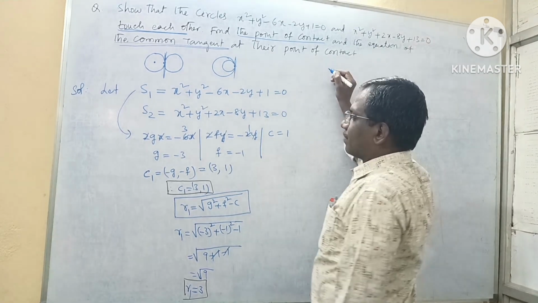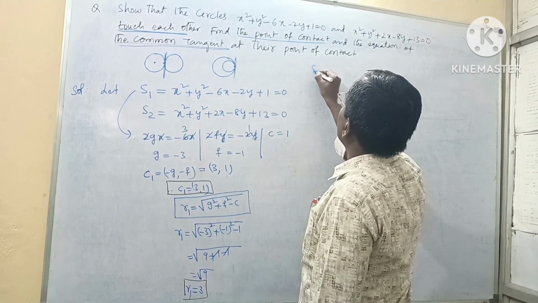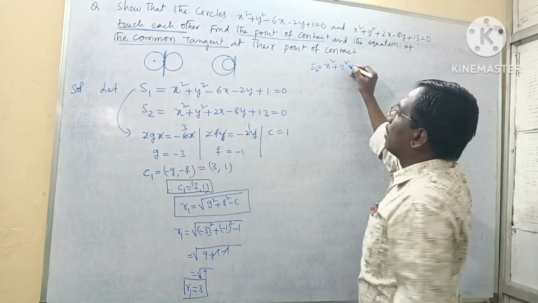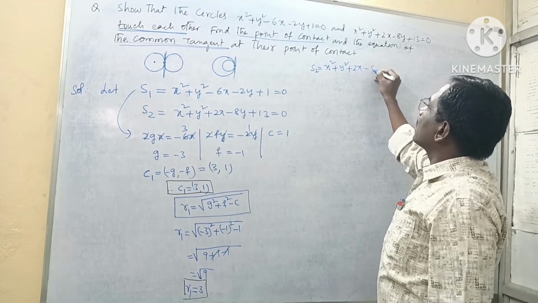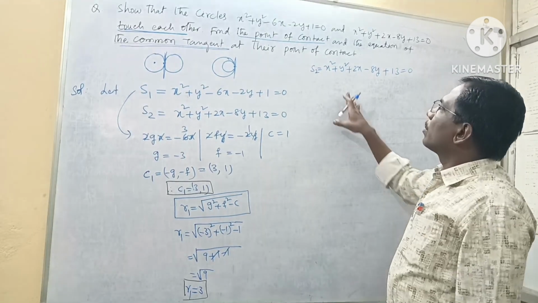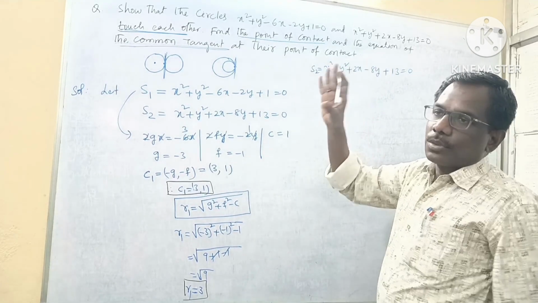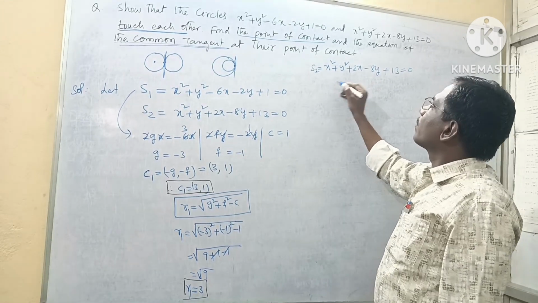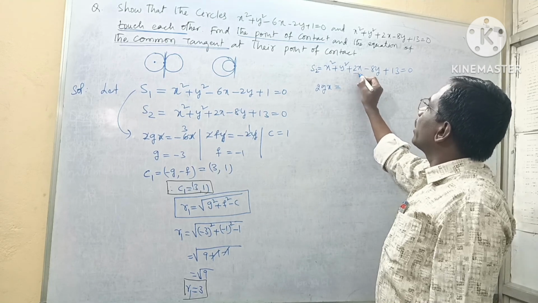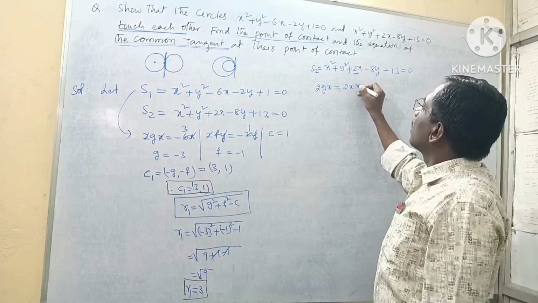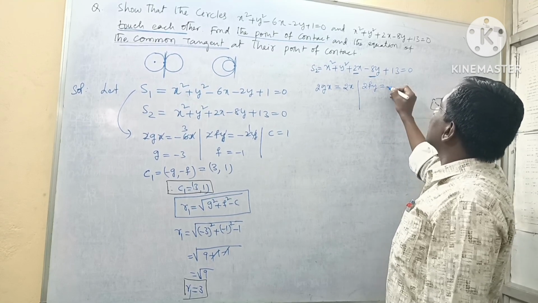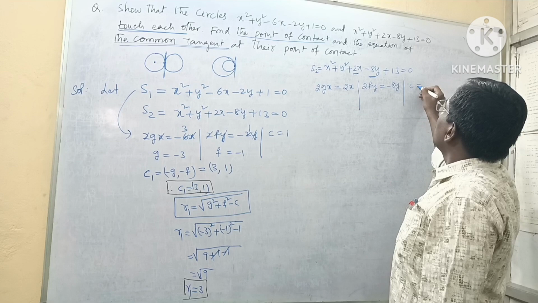The second circle S2 is x square plus y square plus 2x minus 8y plus 13 equals 0. Comparing with the general equation of the circle, 2gx is compared with 2x, 2fy is compared with minus 8y, and c is equal to 13.